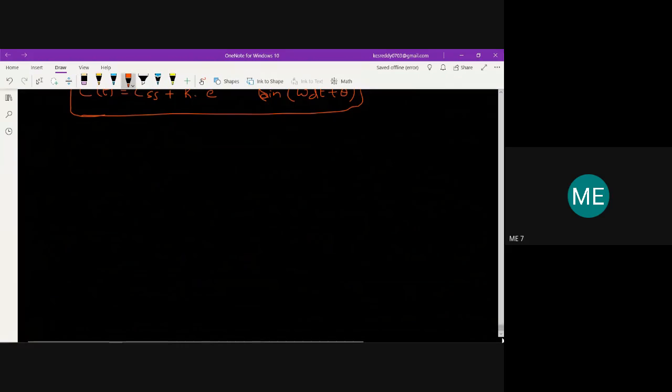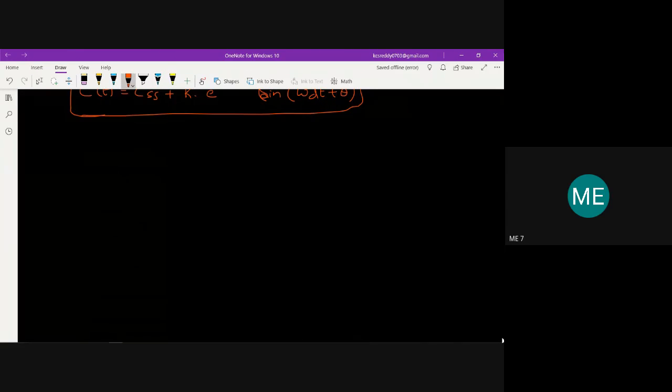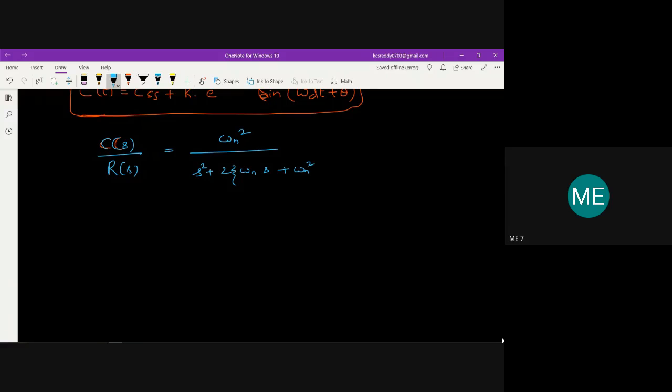So first consider the denominator. C of S by R of S is equal to, we know the standard second order system is like this: omega n square divided by S square plus 2 zeta omega n into S plus omega n square.